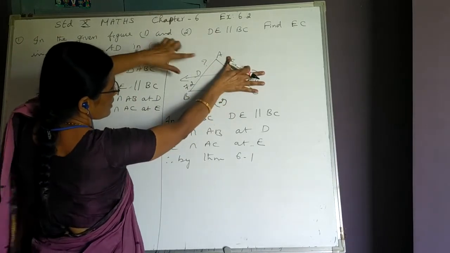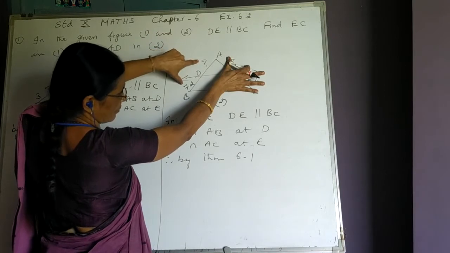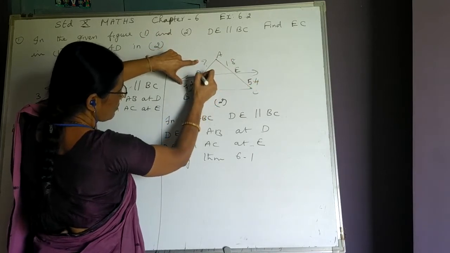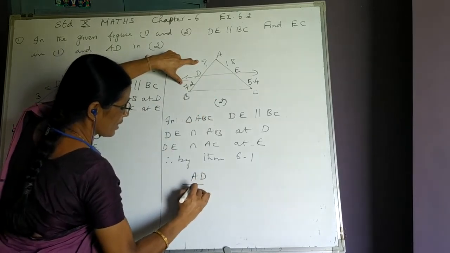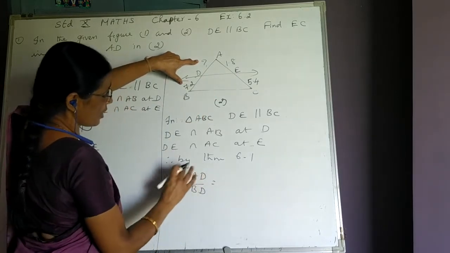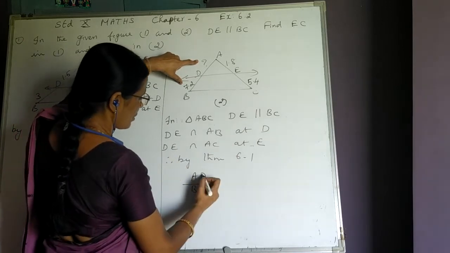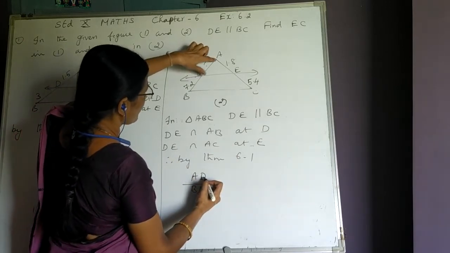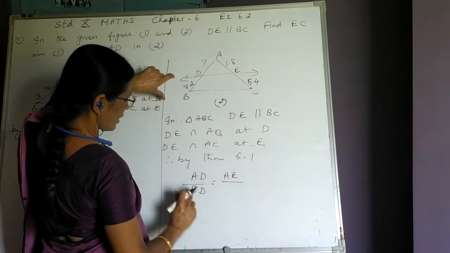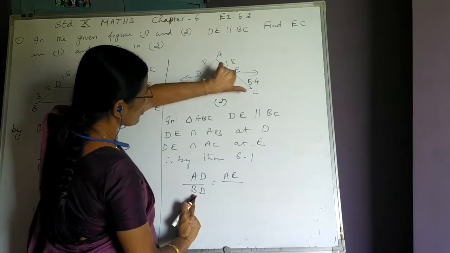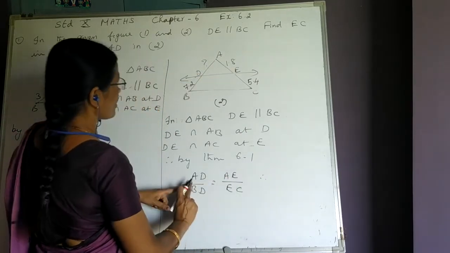So here the question mark is on this side. I am going to relate the question mark and the number given. The question mark is for AD and 7.2 is given for BD. Therefore, I take AD upon BD, or if you want, you can take BD upon AD also, any one ratio. Because I have taken AD on top, on the other side AE should be taken. Here I have taken BD, so BD should be replaced by EC.